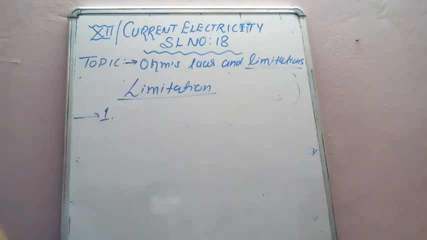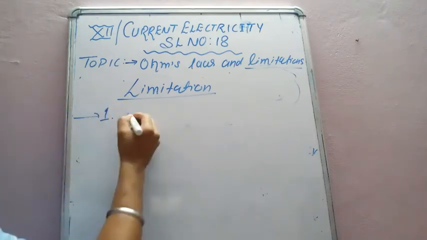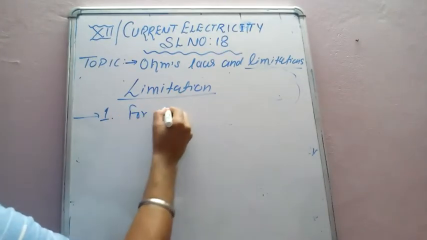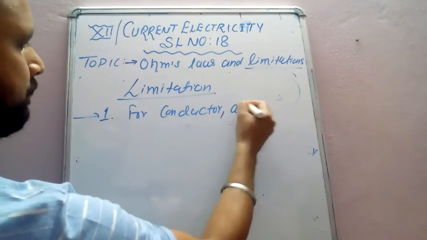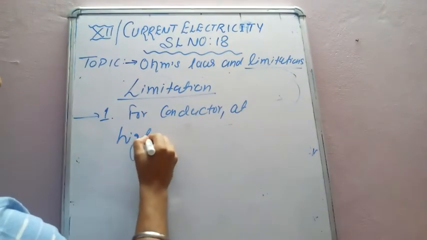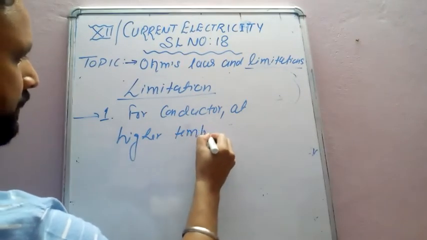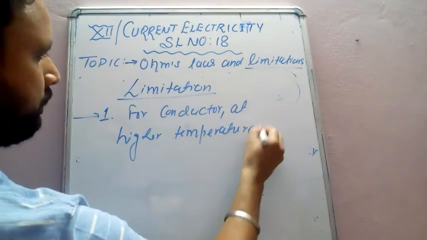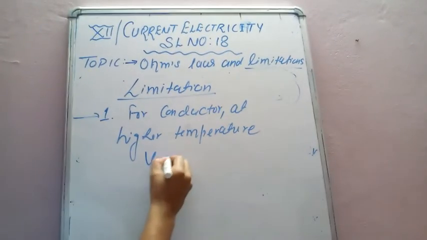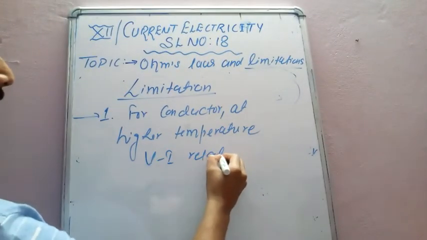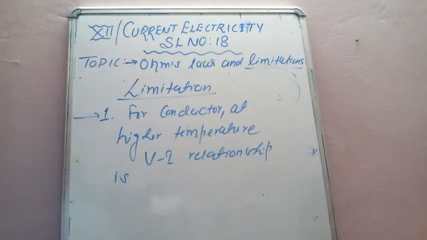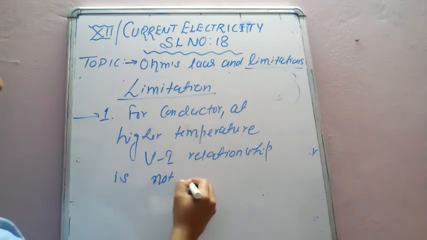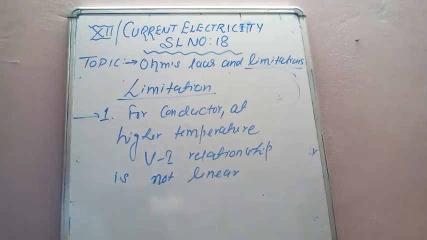Point number 1: for a conductor at higher temperature, the VI relationship is not linear. It is very simple.